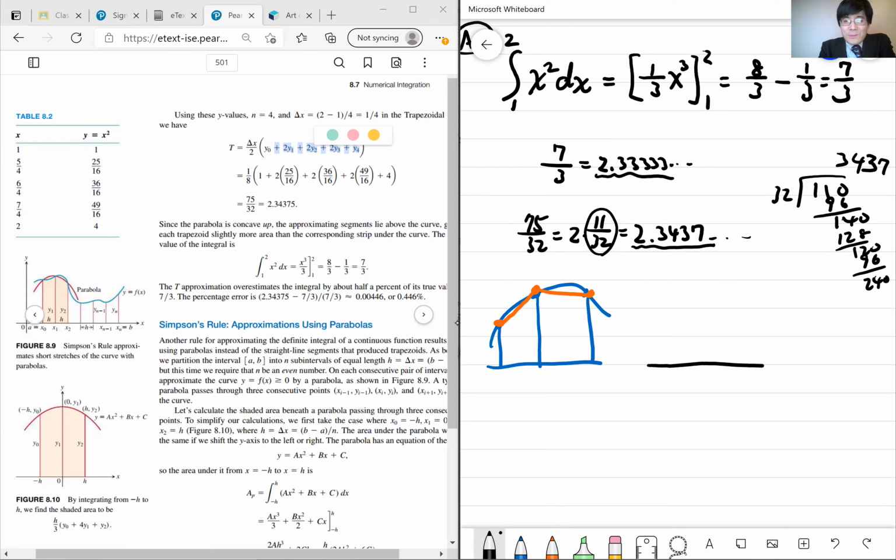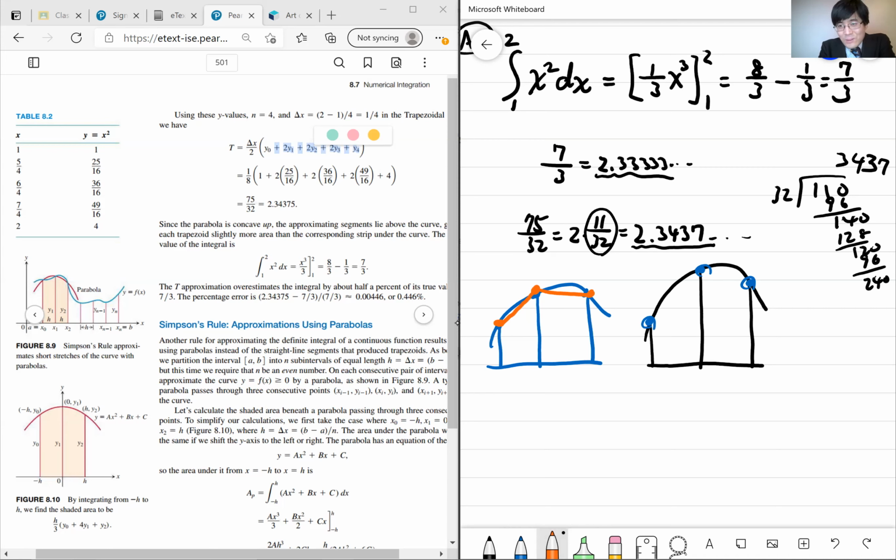In Simpson's rule, the idea is you are going to estimate using a parabola. To uniquely determine a parabola, you need 3 distinct points. When you have 3 distinct points, there is a single unique parabola that goes through these 3 points.